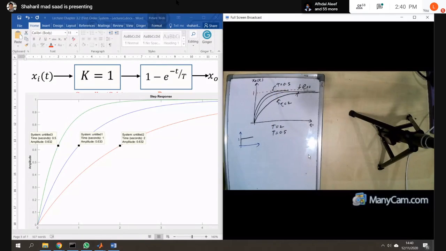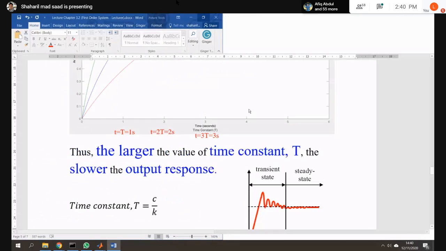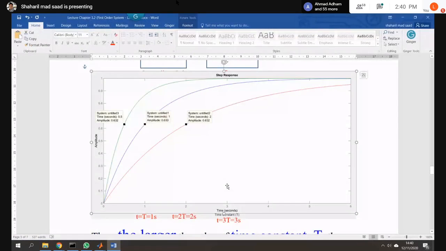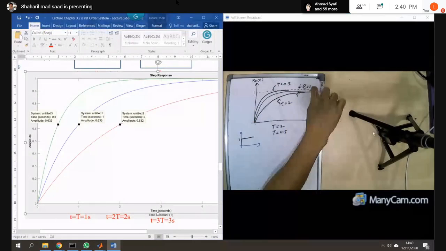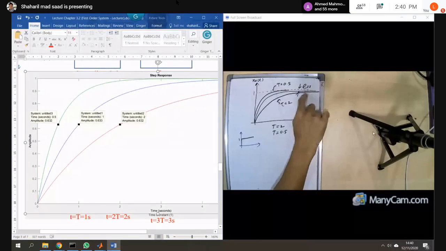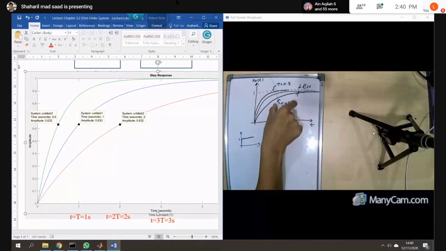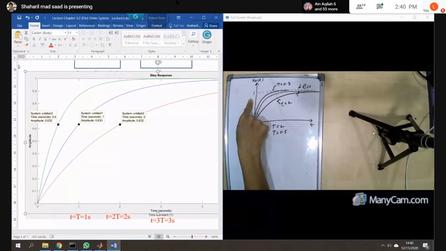So what we can conclude from this is: the larger the time constant T, the slower the output response. Because we are going to achieve the final output value of 1, but how much time will it take to get to 1? Clear?